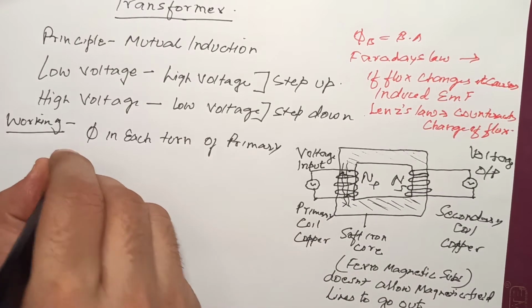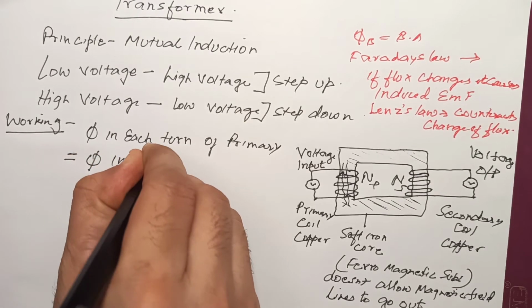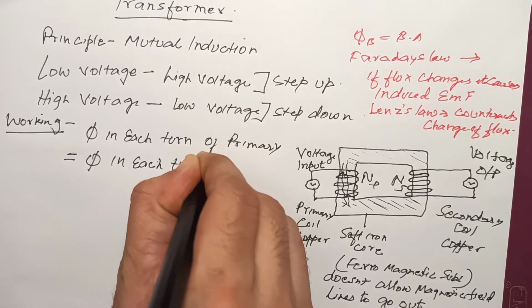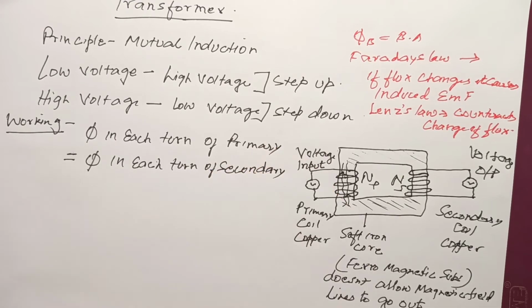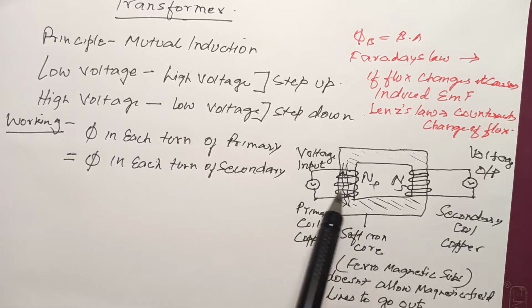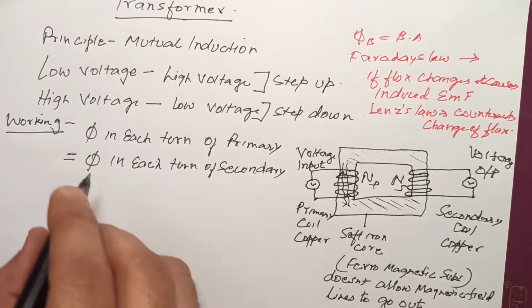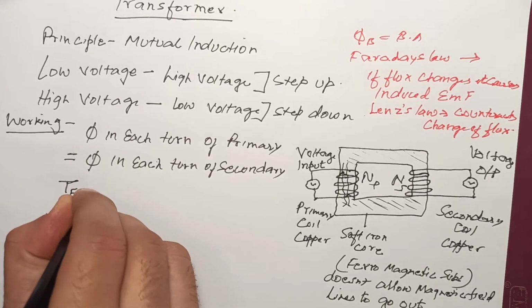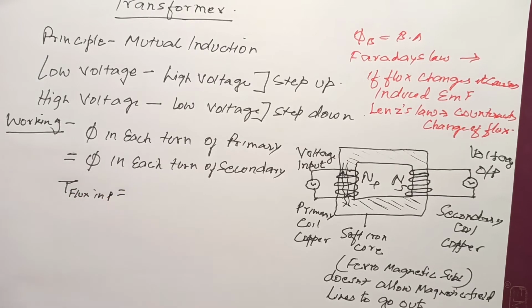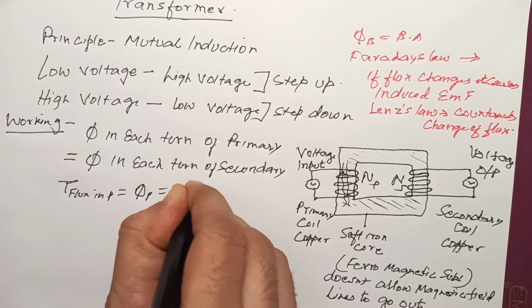So this will be equal to phi in each turn of the secondary. Now in the primary, the total flux would be what? NP into phi, because there are NP turns. So I can say total flux in primary is equal to NP phi.